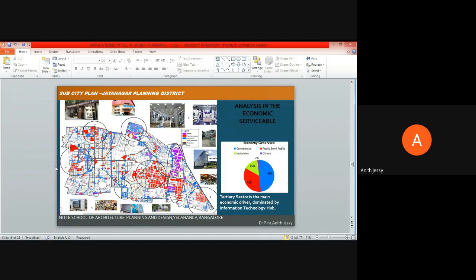When we compared the percentages of the economy generated in Jayanagar planning district, almost 48% was contributed by the commercial sector, the next dominant one, 35%, was from the public and semi-public, and the industries occupied about 15%. So when we talk about the major economic driver, it is the tertiary sector.